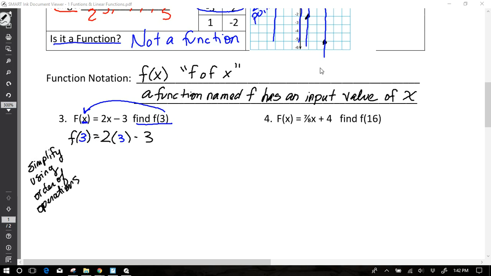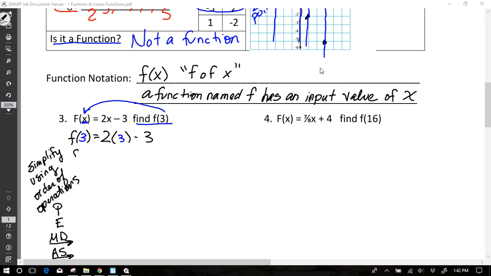If you need some assistance remembering what that is, it's parentheses, exponents, multiplication and division from left to right, and then addition and subtraction from left to right. Some people remember PEMDAS, some people remember Please Excuse My Dear Aunt Sally. So what I'm going to do now is simplify this.